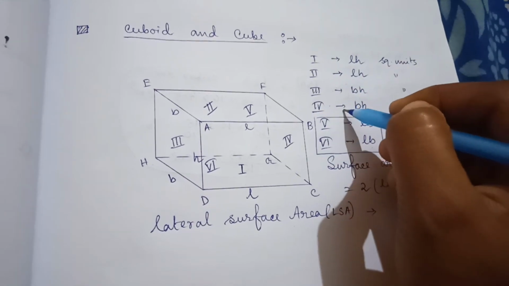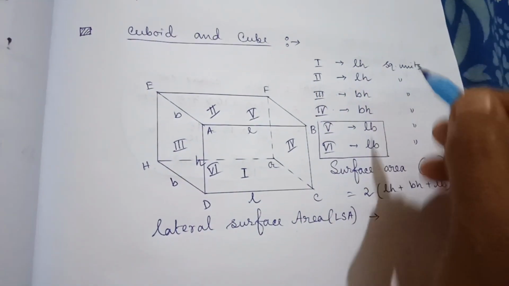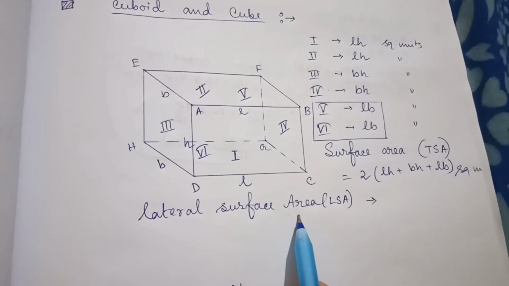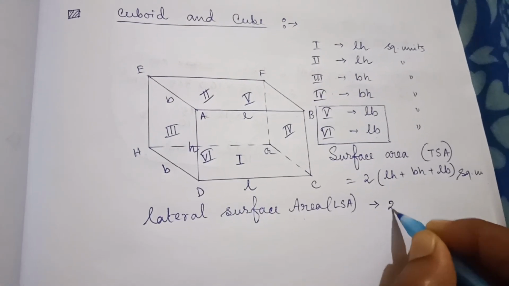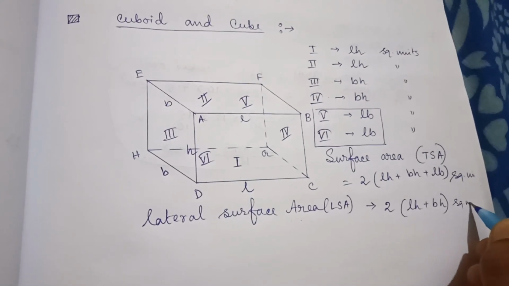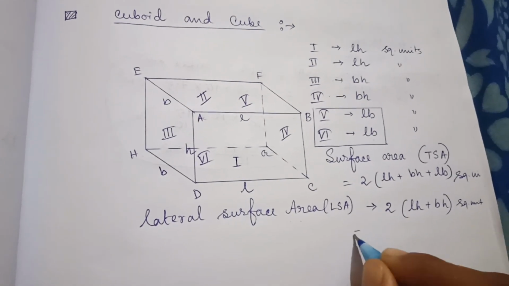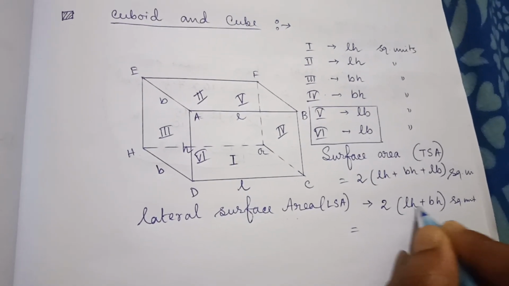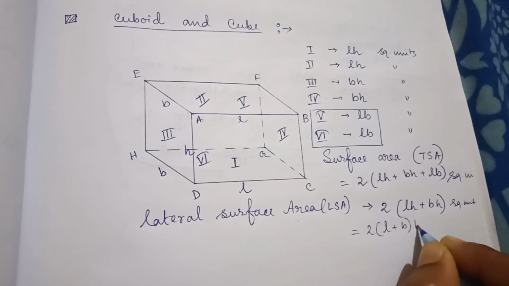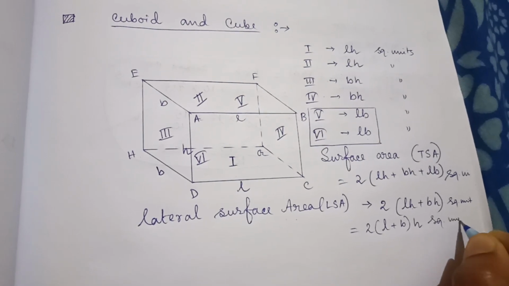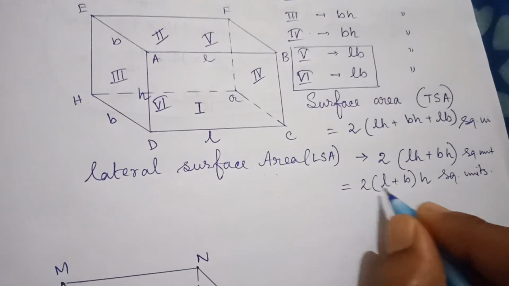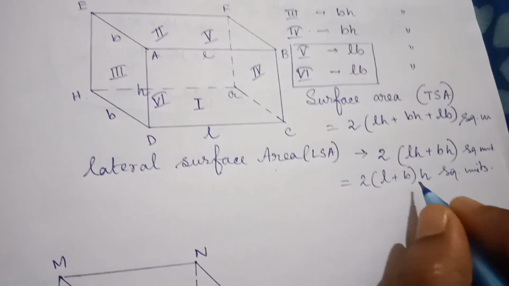Surfaces 1, 2, 3, 4 will be counted for the lateral surface area of a cuboid. So it will be 2 into LH plus BH square units. From this you can take H common, and I am just writing it like this, square units. I have taken H common, but written it after everything.